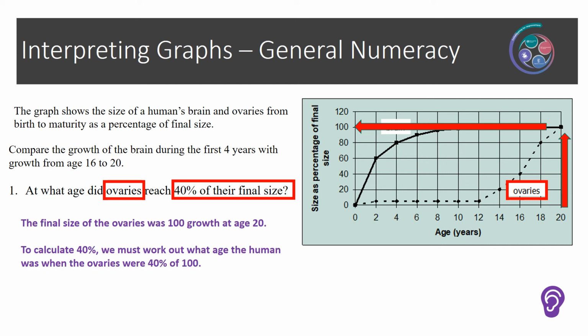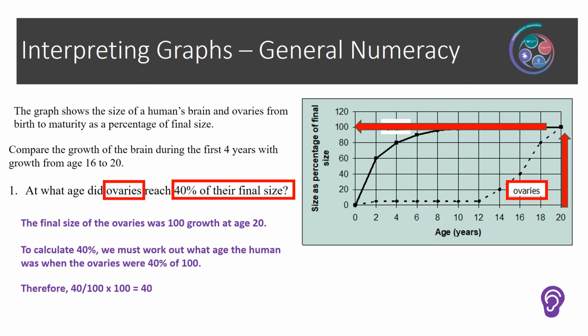Now that I know that the final size of the ovaries was 100 as a percentage of the final size, at age 20, I can calculate 40% of this. So in order to do this, I must calculate 40% of 100. Therefore, 40 divided by 100 times 100 equals 40, as I'm working out a percentage.